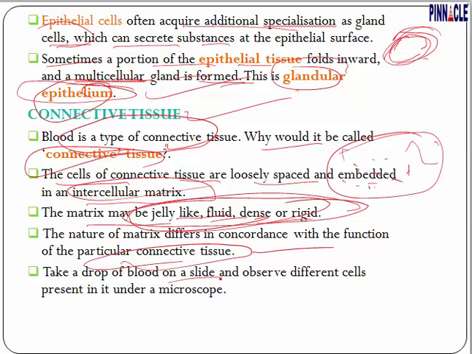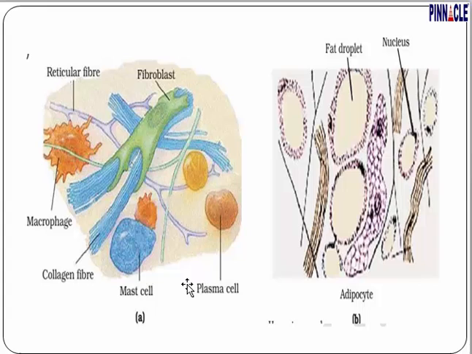Take a drop of blood on a slide and observe the different cells present in it under a microscope. We will do that. Let's see one diagram first. See this diagram. This is fibroblast, plasma cell, mast cell, collagen fiber, macrophage, reticulate fiber.